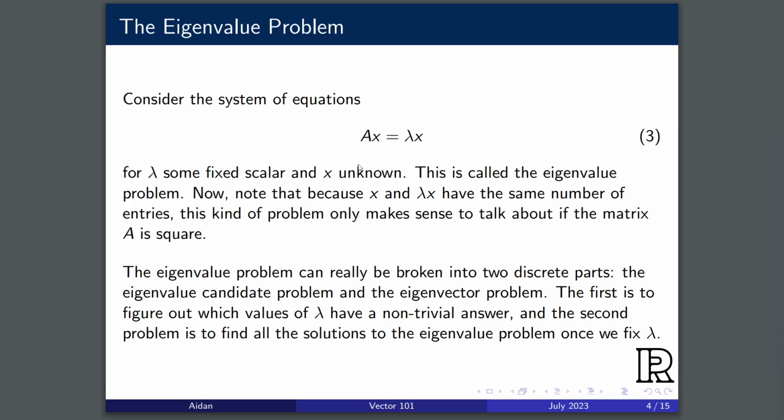And so what we're really looking for is what we call non-trivial solutions, because x equals 0 is the trivial solution to this problem. So the first problem is to figure out which lambda have non-trivial solutions. And the second problem is, if you hand me a lambda, can I tell you all the solutions to that problem? And it turns out that the second problem is significantly easier than the first problem.